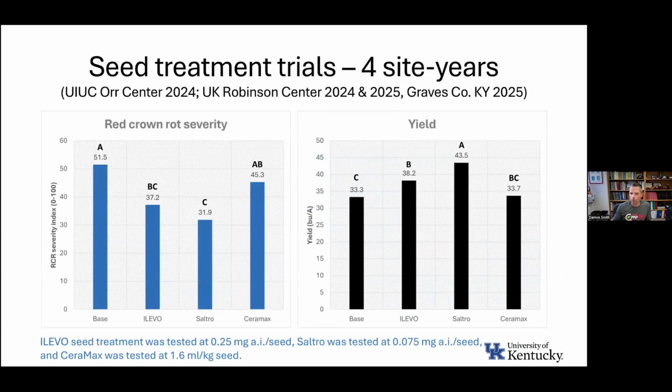Again, nothing's perfect here, but we do get some decent reductions in red crown rot severity, especially where Saltro was applied. Olivo, in talking with Carl, does give some responses, but it hasn't been as consistent as Saltro. And then I did see some data this year on Victrato, and Victrato does look like it has some efficacy as well. So those are really the products right now that we know of.